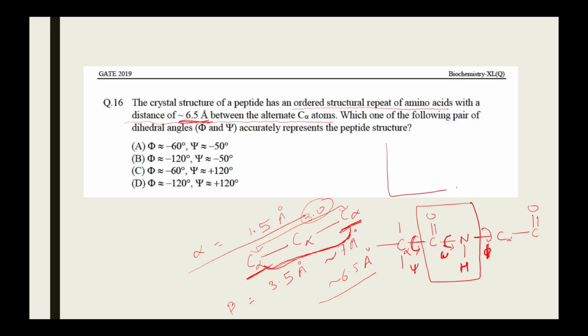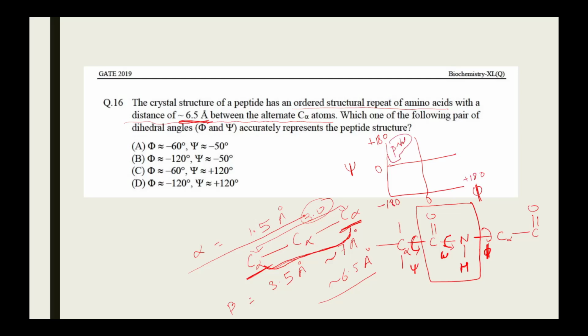Okay, so in the Ramachandran plot, this is the value of phi, value of psi, plus 180, plus 180, this is minus 180. So here comes the beta sheet.